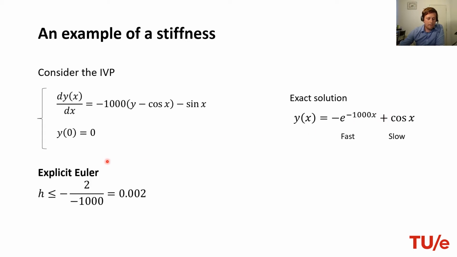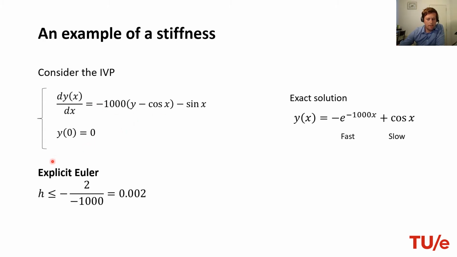Let's take a look at stability criteria. For this equation, you can rewrite it as a test equation plus a term that is only dependent on x and not on y. So the same conditions for the test equation hold as for this IVP.